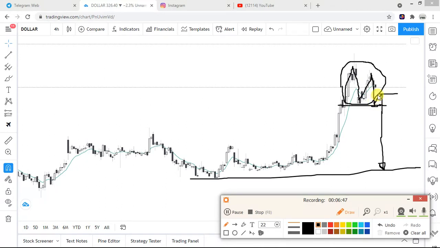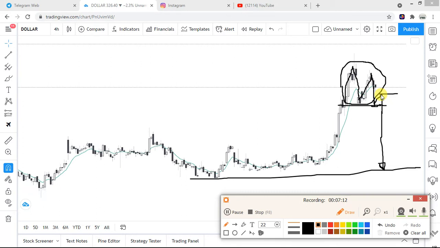At the end of the bearish flag, you must see the reversal candlestick, and it should be a bearish reversal candlestick.